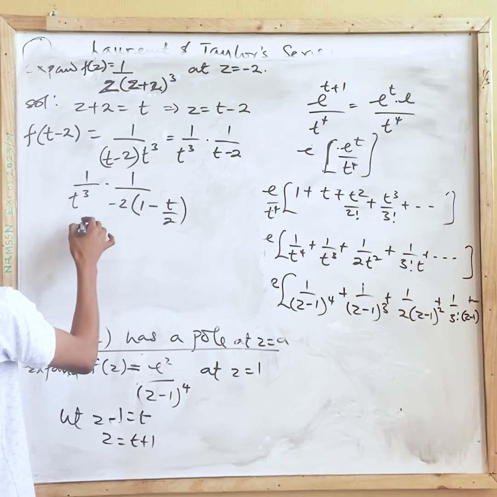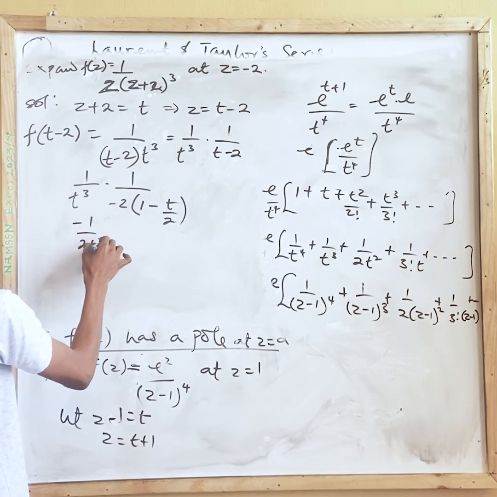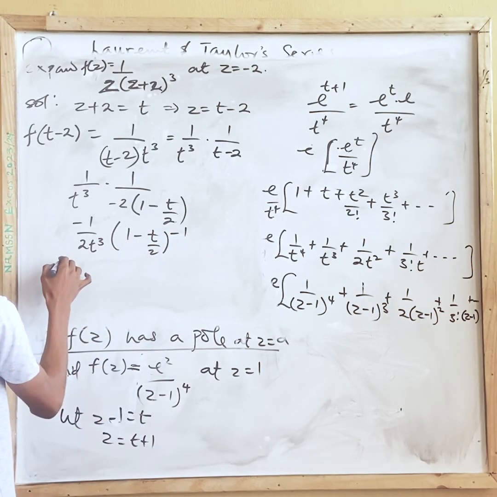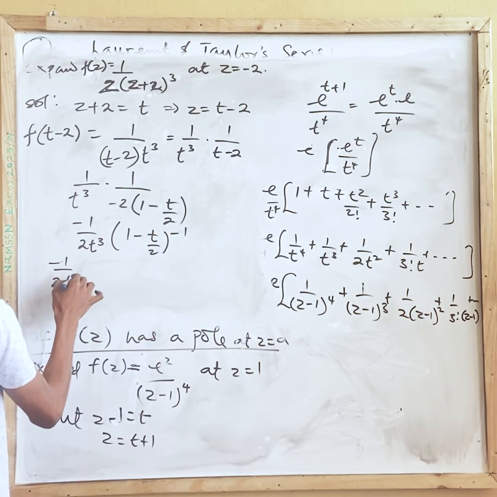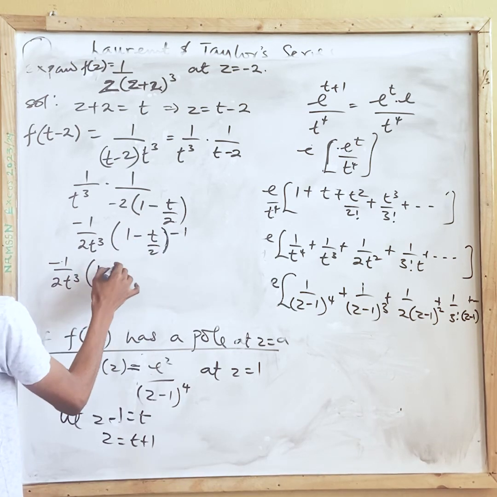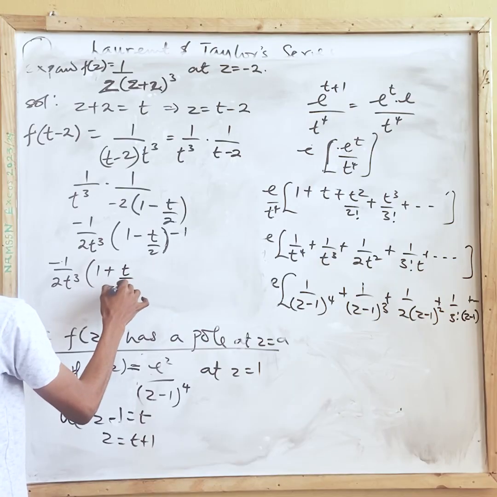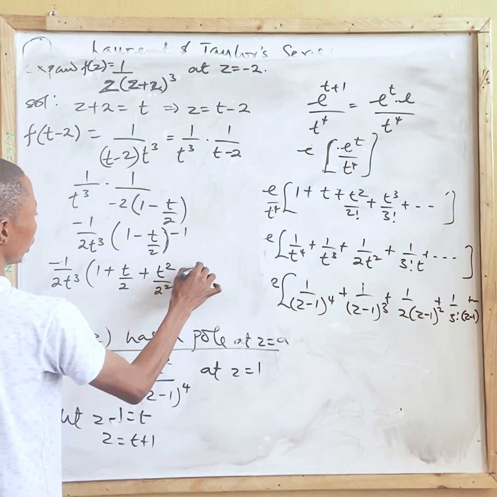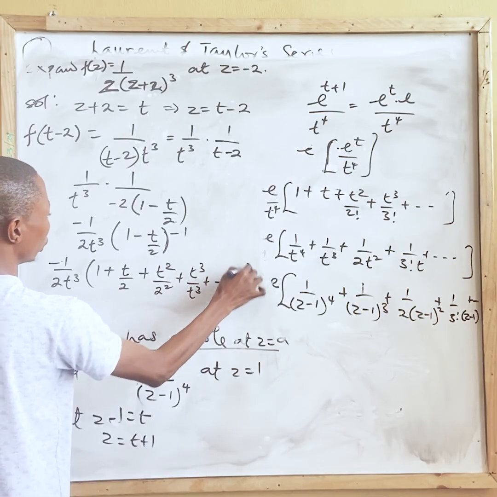We are going to have minus 1 over 2t cubed into (1 minus t over 2) raised to minus 1. That's minus 1 over 2t raised to 3 times the geometric series. This will be 1 plus t over 2 plus t squared over 2 squared plus t cubed over 2 cubed and so on like that.